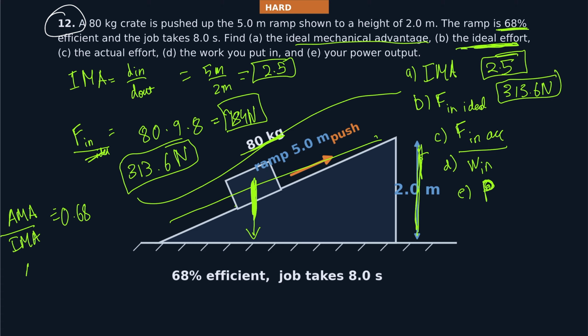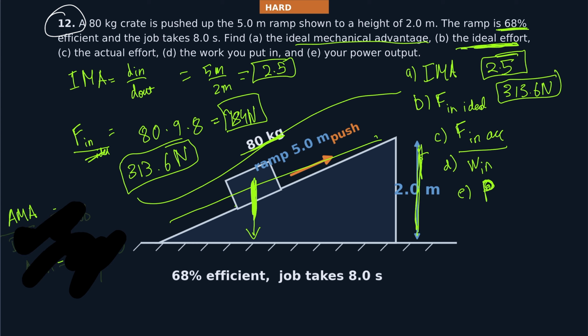So AMA is 0.68 times our IMA, which is 2.5. So this should be about 1.7. Okay? So then with the AMA of 1.7, we know that we can calculate our force in actual, right?